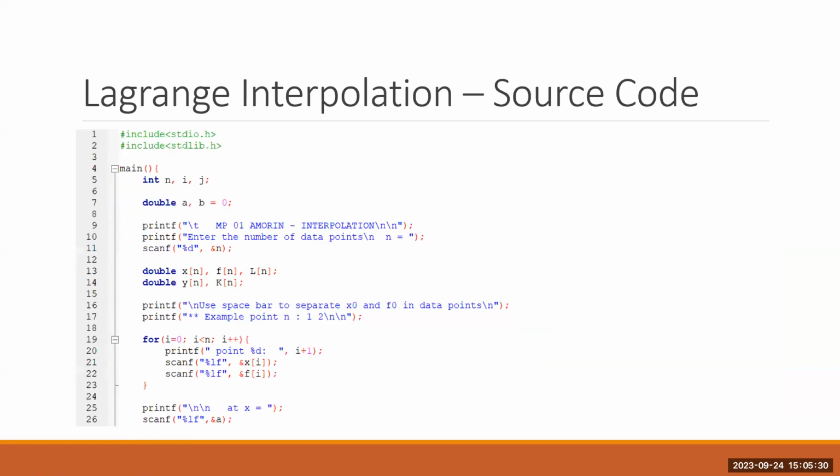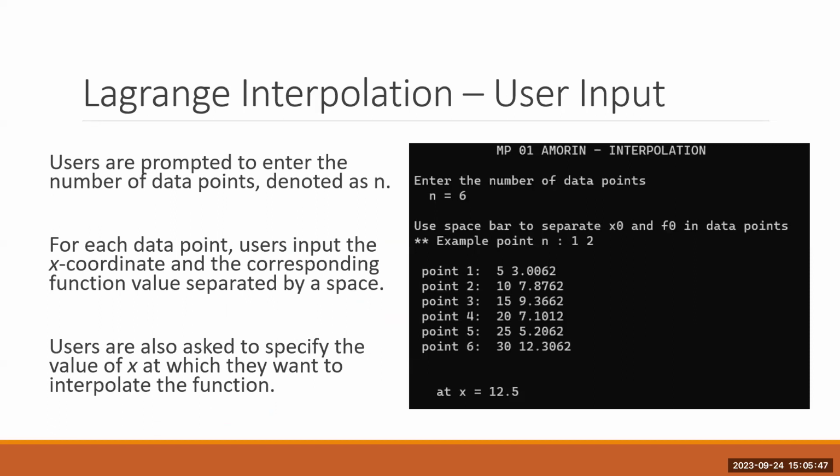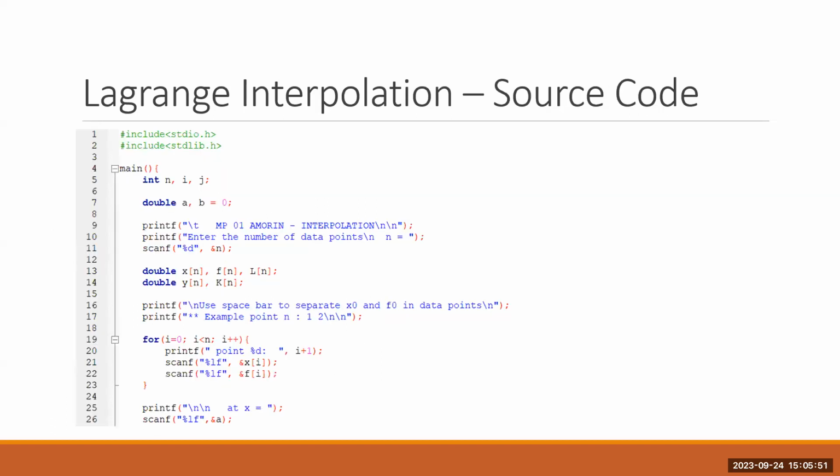Applying the source code of the Lagrange interpolation, the code computes the Lagrange basis polynomial L for each data point, which is then used to calculate the interpolated value B at A. L represents the contribution of each data point to the interpolated value at A. The code iterates through all data points.